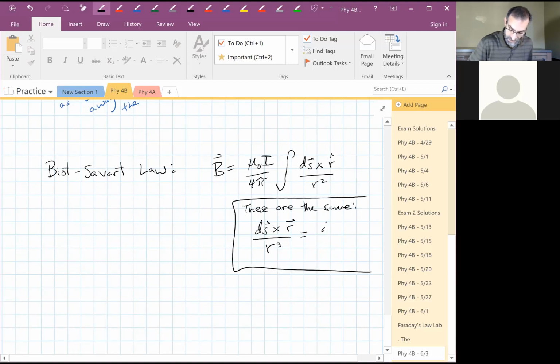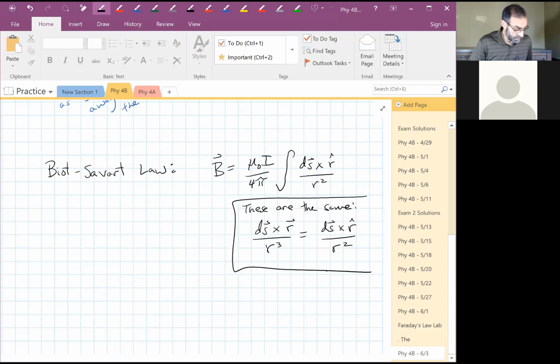But that's exactly the same as writing it as ds cross r hat over r squared, right? Because r hat is a unit vector that points in the r direction. The r vector has magnitude, so if you divide it by the magnitude of r, then you get r hat. You okay with that?